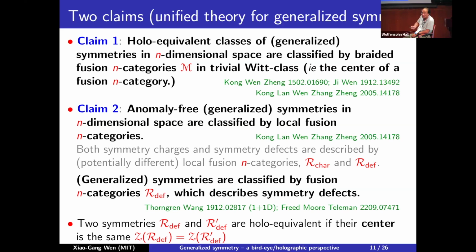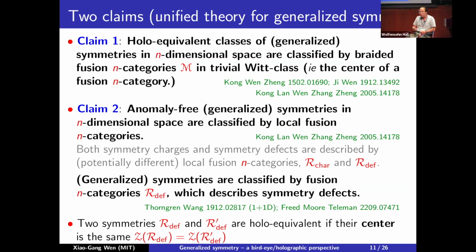However, for anomalous symmetry, things change a little bit. For anomalous symmetry, we have a difficulty defining the category of symmetry charge. Why? Because anomalous symmetry is characterized by a symmetry which lacks symmetric trivial gapped ground states.